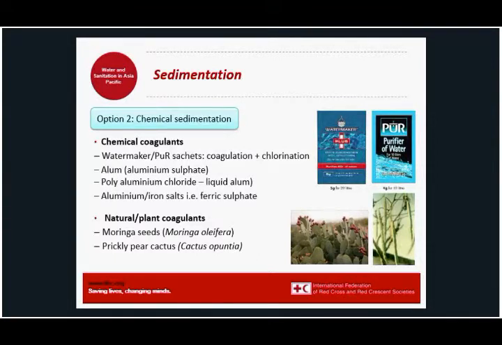Various studies have shown that moringa seed, for example, is an effective biocoagulant to improve the physical and chemical properties of contaminated water. In these studies, the use of moringa seed as a coagulant in developing countries has also been recommended. But of course, it also depends on whether the country has moringa seed or prickly pear cactus.